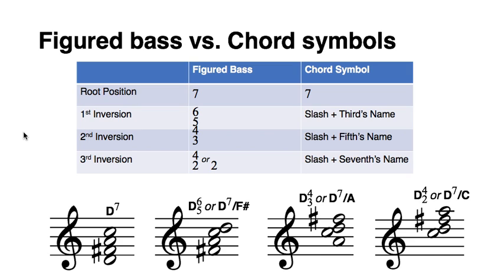We also have conventions here for figured bass and chord symbols, how to notate or indicate a particular configuration of a dominant 7th chord. Back to those same chords we've seen previously. We use the superscript 7 in both figured bass and the rock and jazz chord symbols to indicate a dominant 7th chord.